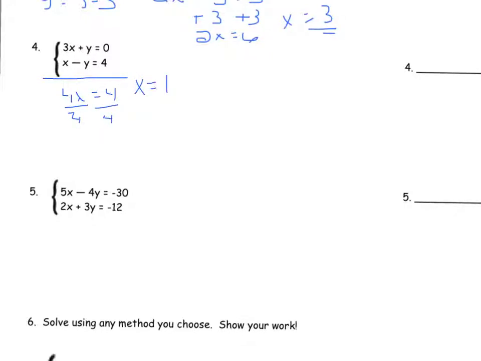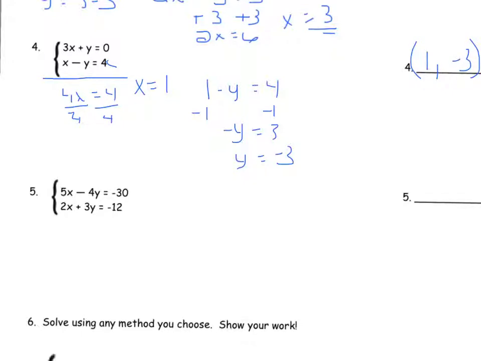If you chose a different method, not the easiest. So then you're going to plug it back in. I'm going to choose the second equation. So 1 minus y equals 4. Subtract 1, now negative y equals 3, so y equals negative 3. So I have the answer 1, negative 3. Again, I checked my work on my key, but I'm not going to write it out for you now for the sake of time.